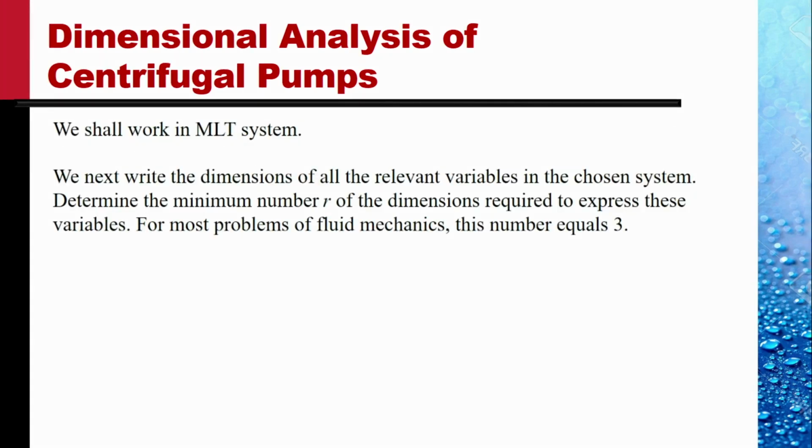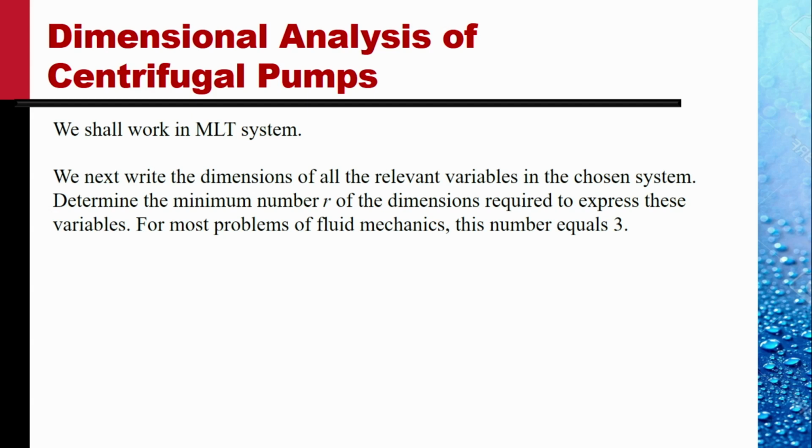We'll work in the MLT system. As usual, we next write the dimension of all the relevant variables in the chosen system. We determine the minimum number r of the dimensions required to express these variables. For most problems in fluid mechanics, this number equals 3.